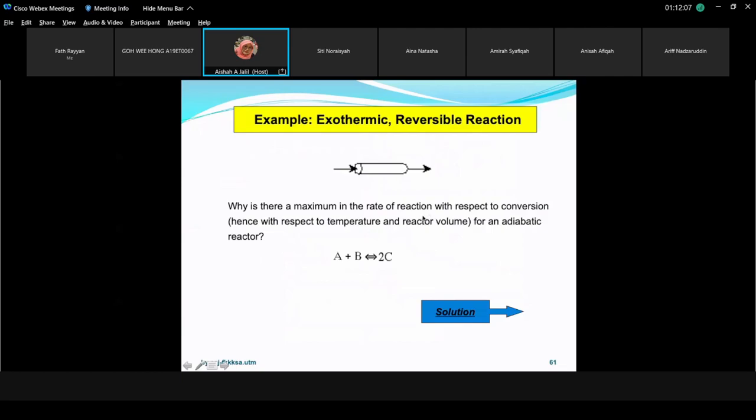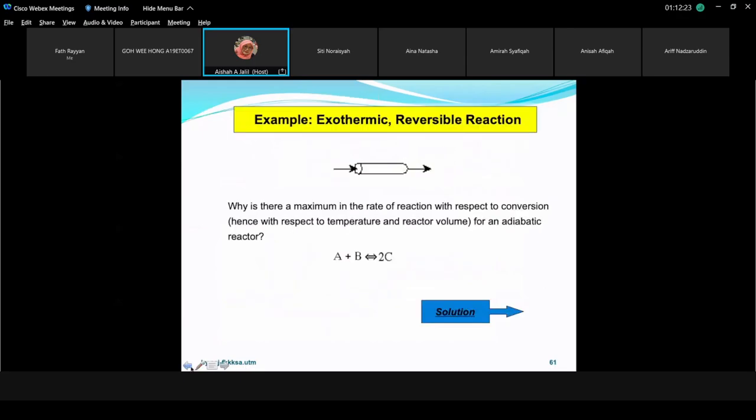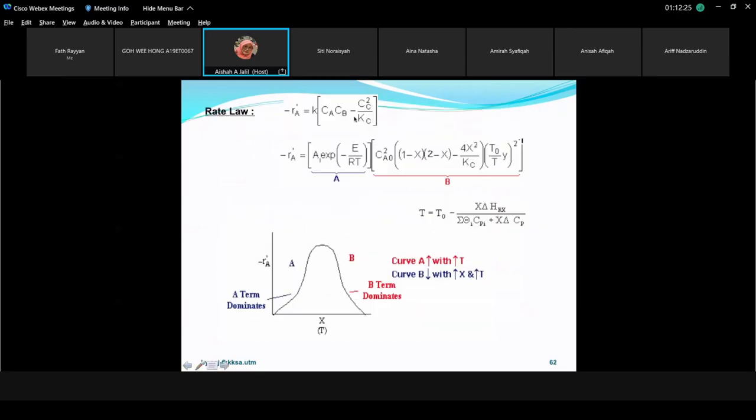Maximum rate of reaction with respect to X, T and V. So the reaction is A plus B to 2C. Because it is reversible, it becomes like this. Then negative r_A is like this.